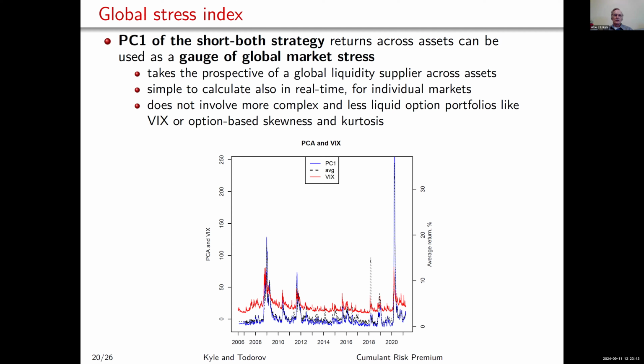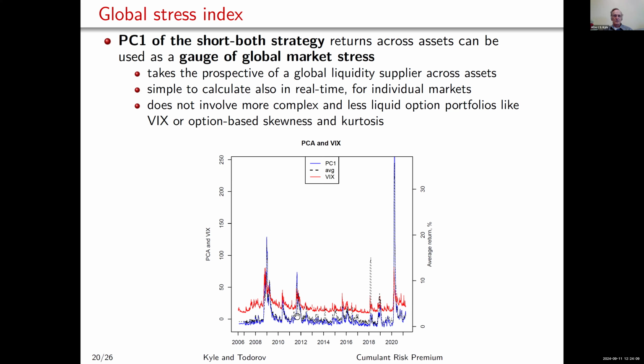So we think that you can use the first principal components of all of these things as a gauge of global market stress. And when you put it together into a gauge that Karamfil has put together, which of course would be something maybe BIS would be interested in, I'm not sure, but they should be, you see that it spikes up in 2009, as does the VIX.